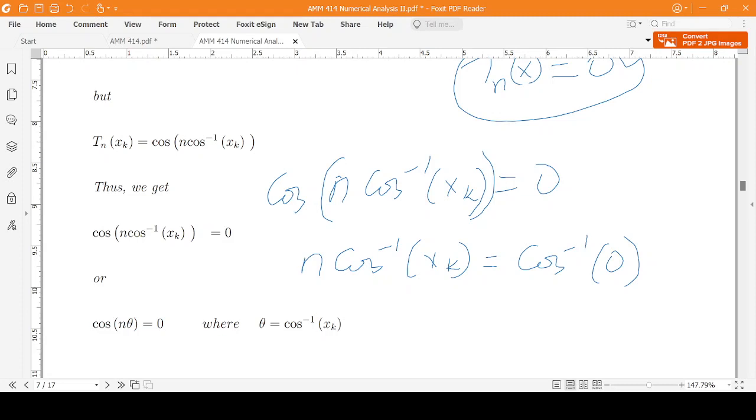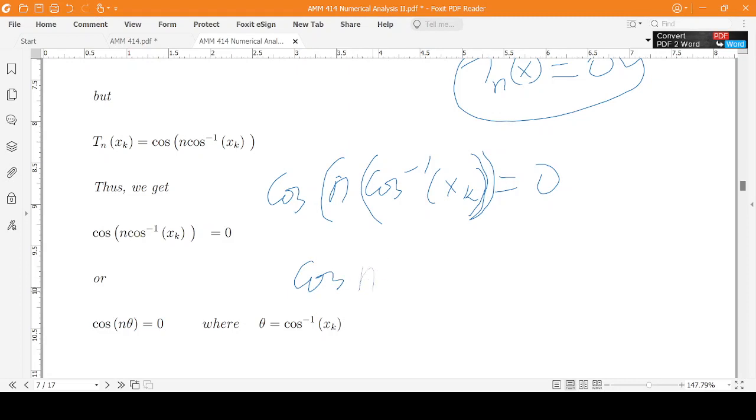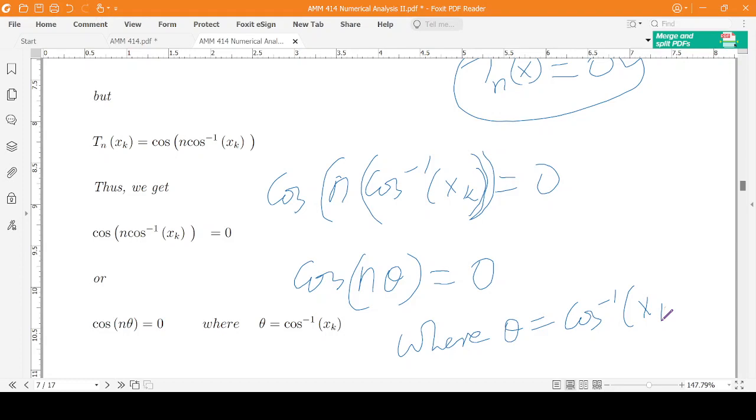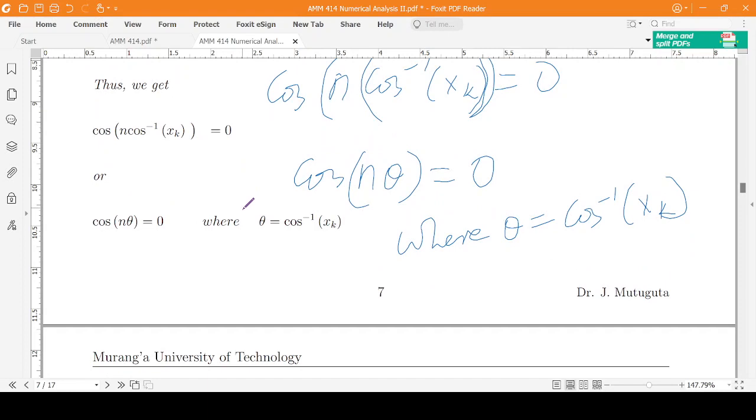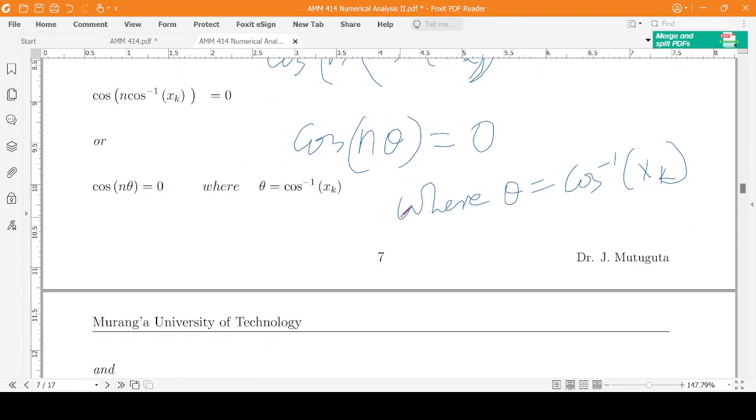This might be a bit confusing. Let me not use that word. Let's replace this quantity here with theta, so that we write cosine of n theta equals 0, where theta in this case is equal to cos inverse of xk. Let's do that one first. So that we have cosine of n theta equals 0.